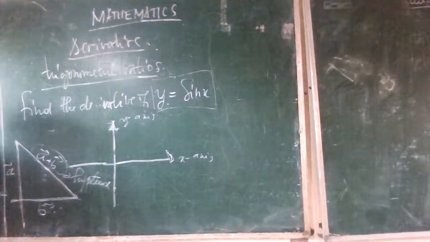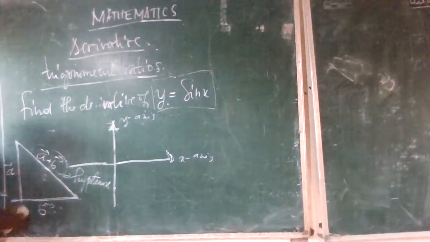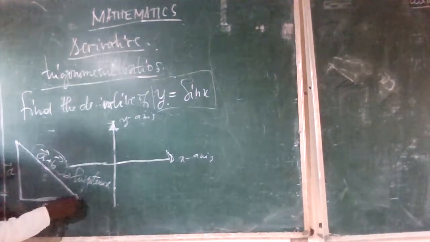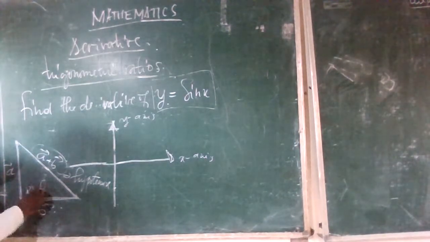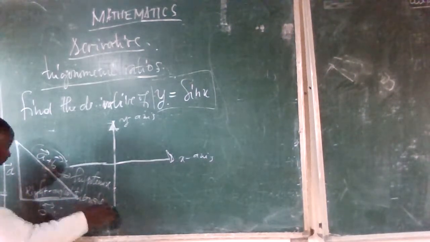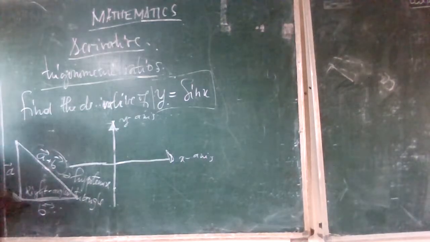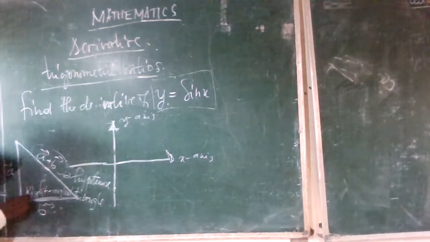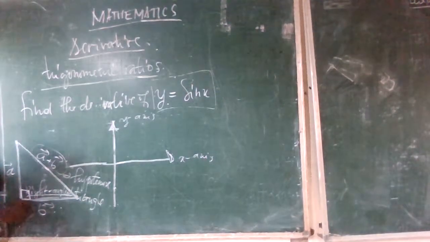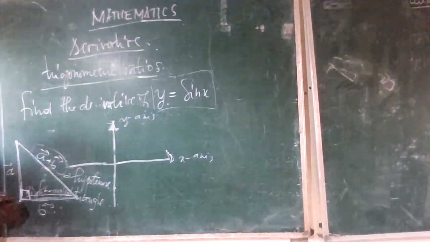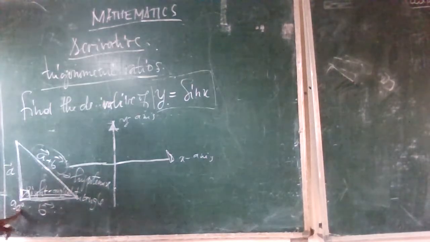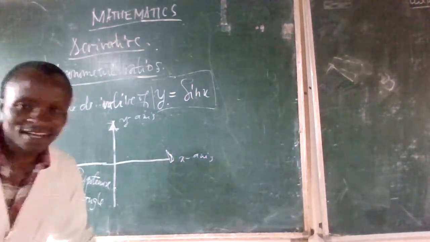On this triangle, when I create these two lines, we have a right-angled triangle. Why do we call this triangle right-angled? It is right-angled because at the intersection of this vertical line and the horizontal line, we have an angle of 90 degrees. Are we together here?